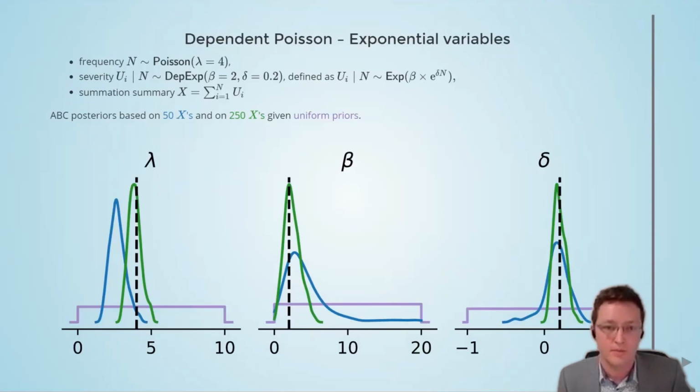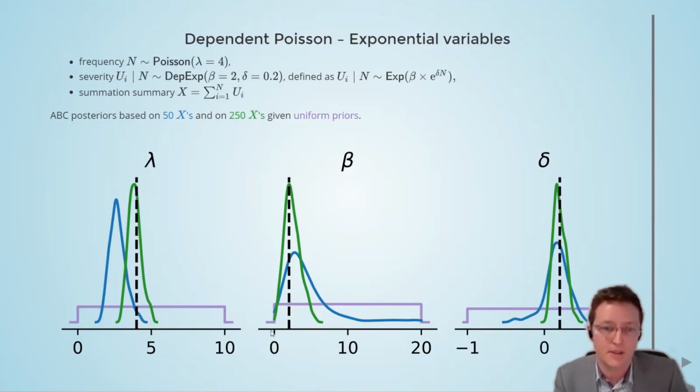What is in the plots here are the three ABC posteriors for those three parameters: the lambda for the Poisson and the beta and delta for the dependent exponentials. I'll start off by saying that in purple, we looked at just uniform prior distributions over some range of possible values.